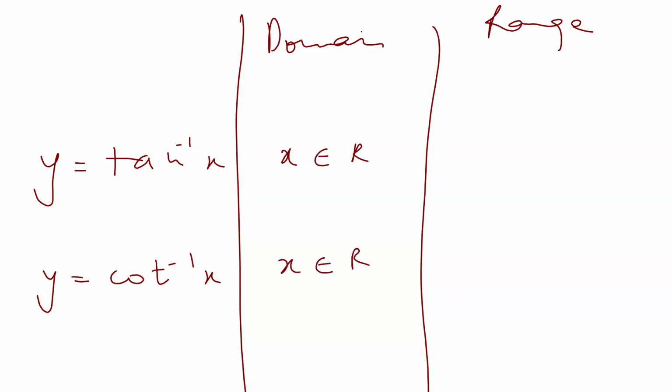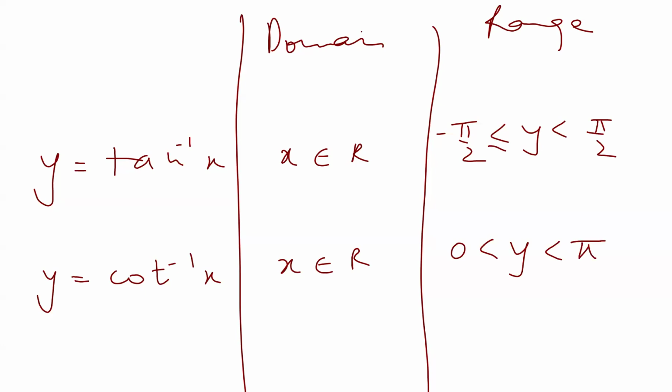The range of tan inverse x, that is the angle y, lies between minus pi by 2 to pi by 2. There is no equal to over here, it's only less than. For cot inverse x, it is between 0 to pi. For sine inverse and cos inverse, we had equal to, but that does not happen with tan inverse and cot inverse. There is no equal to.